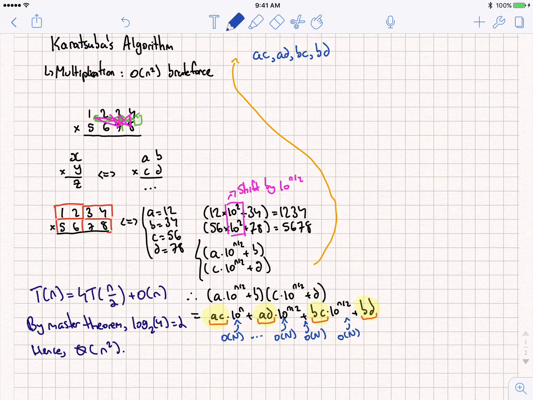If we have the expression A plus B times C plus D, well, we notice one thing. This is equal to AC plus AD plus BC plus BD. Okay, well, this seems a little random.